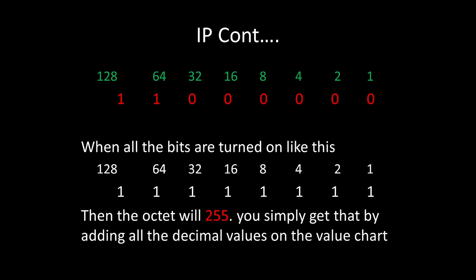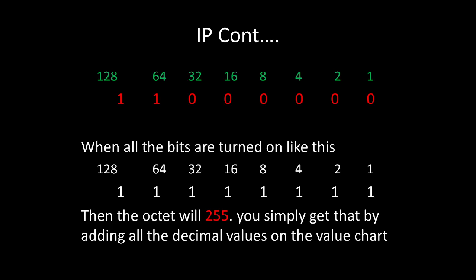So to get a 255, you simply have to add those in green there, because those are the decimals. If all of them are turned on, then you're adding everything. But where it is 0, you don't add that. No wonder 192 is actually just looking at 128 and 64. I'm just trying to help you recap on what you did in first year.